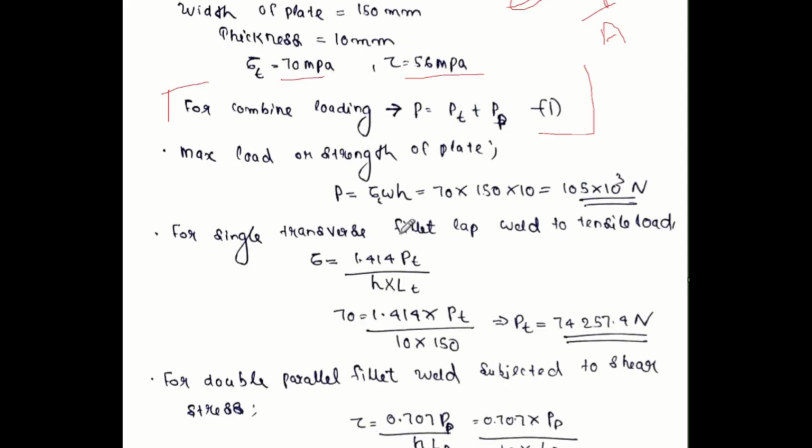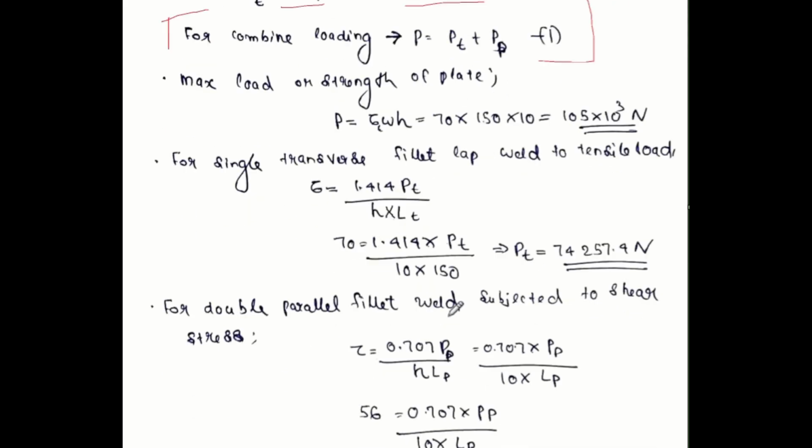I already mentioned the transverse fillet weld will be subject to tensile load, so obviously the stress value should be the tensile stress in the question, 70. All remaining values we know. H is the thickness of the plate, and LT is the length or width, given as 150 mm. From that we get the value of the tensile load as 24,257.4 Newton.